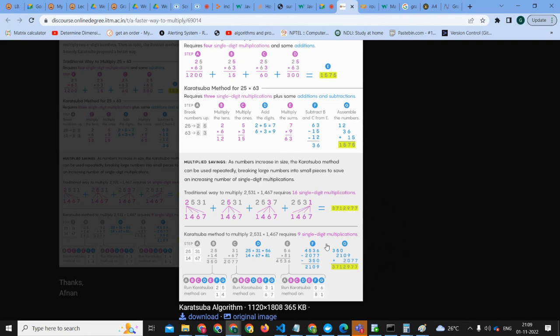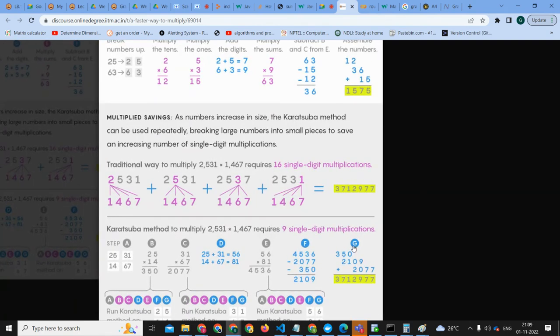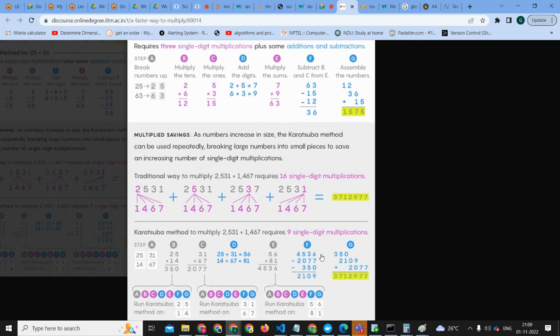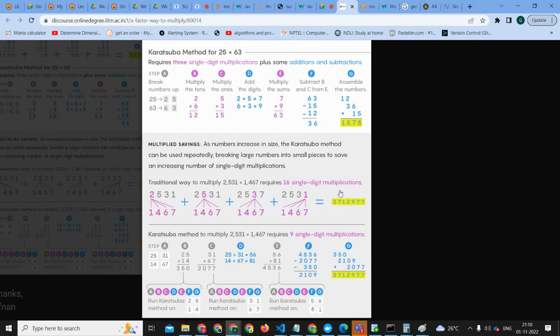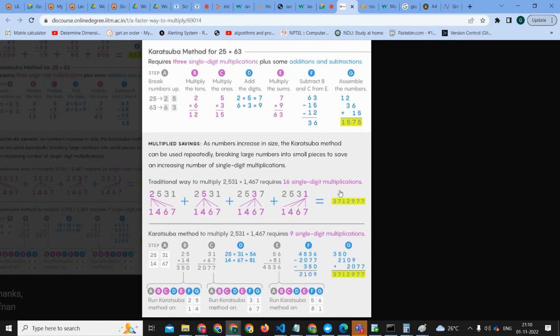This shaded region that you're talking about is another, different multiplication that we're doing, and they are showing us how to do the recursive application of Karatsuba to get an overall efficient algorithm. But that is for larger numbers. We are just talking about this 25 into 63, the case above.